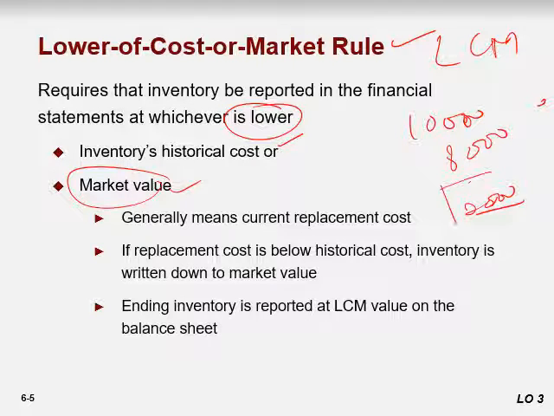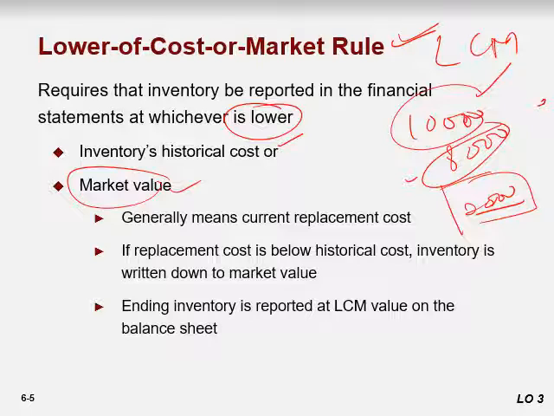You cannot say, okay, my inventory is higher, so my balance sheet is higher, my assets are higher. No, we have to report using the LCM method, lower of cost or market value. If the market value or replacement value is lower, then you use the lower value. If the market value is higher, even then you use its cost price, which is more realistic.